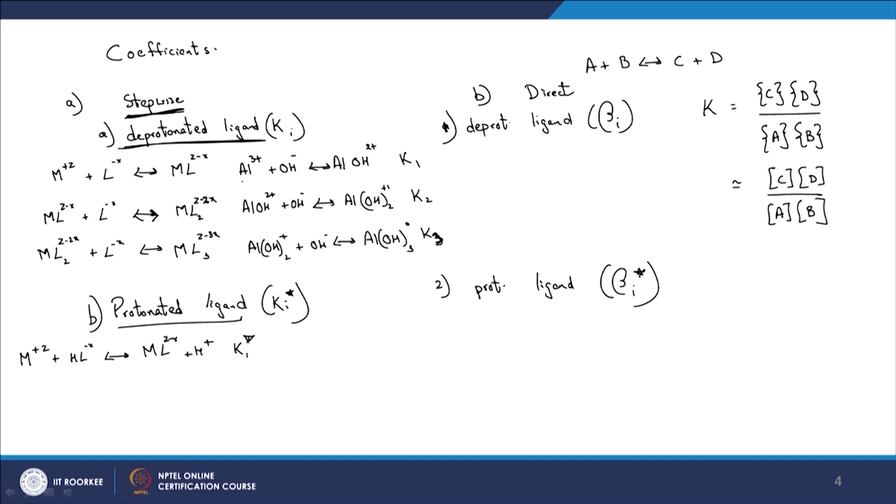What does that mean? It is Al3+ plus, for the protonated ligand, H2O, since protonated OH minus has a proton, going to AlOH 2+ plus H+. So for this we have K1 star.